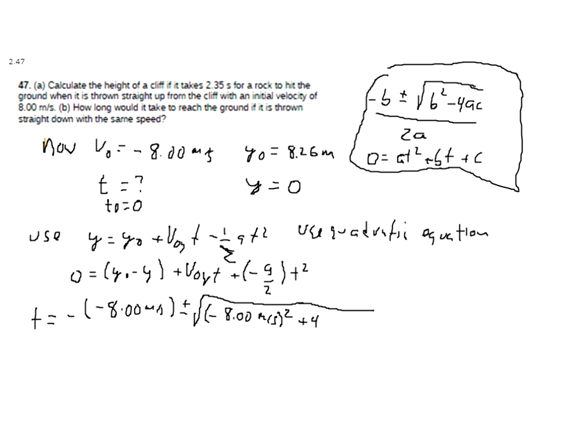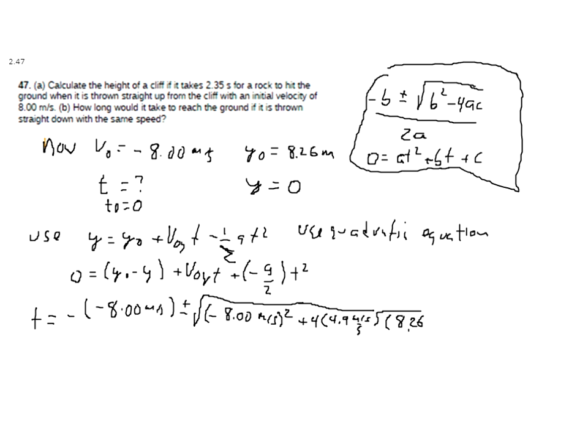So that's going to be 4 times 4.9 meters per second squared, because we have a minus here and the negative here turn out to be a positive. I probably didn't need to skip that step.